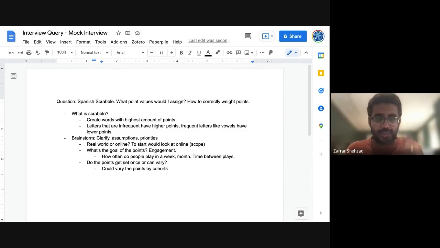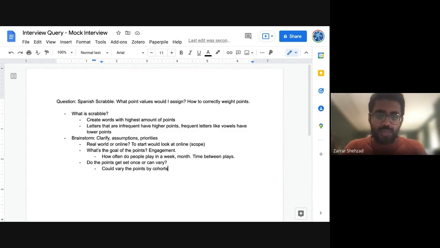One other question I'm often interested in with these kinds of machine learning problems is, do we have any baseline data or historic data? For these points, I think we might want to set some sort of baseline, but I think you already mentioned that, actually. We could set a baseline of the points based on the frequency by which the letters occur in the language, and those could be related to the points.